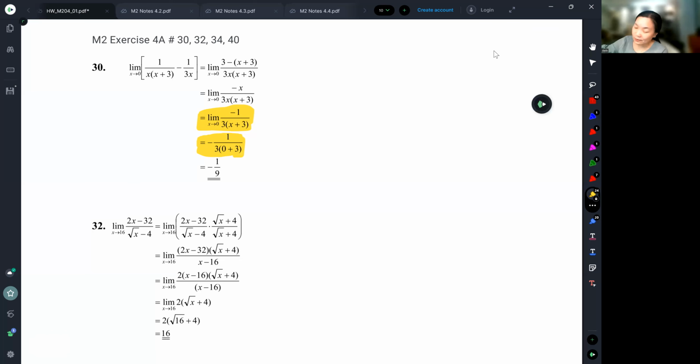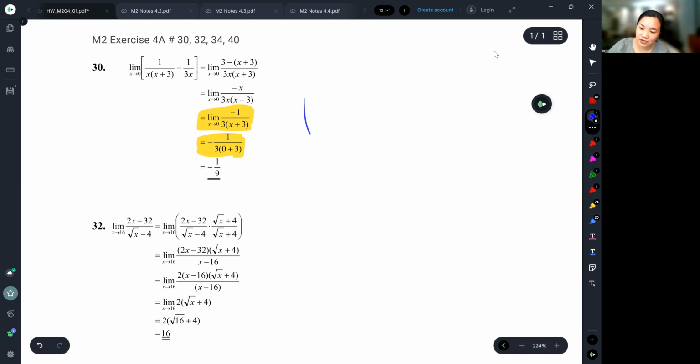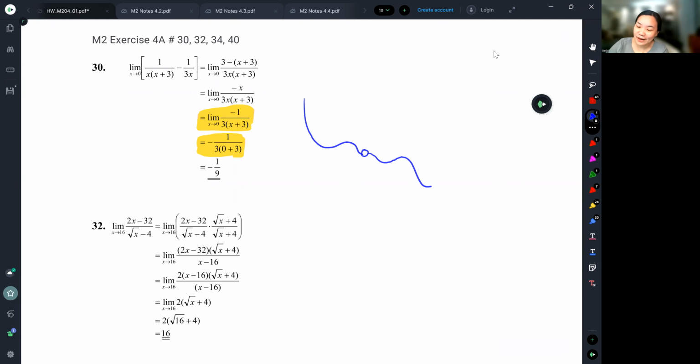Now, in order to remind you what we have learned last time, it is basically the meaning of limits, and we try to obtain the limits at a broken point. For example, if there is a function and there is a broken point here, you will find the limit by factorizing, basically.